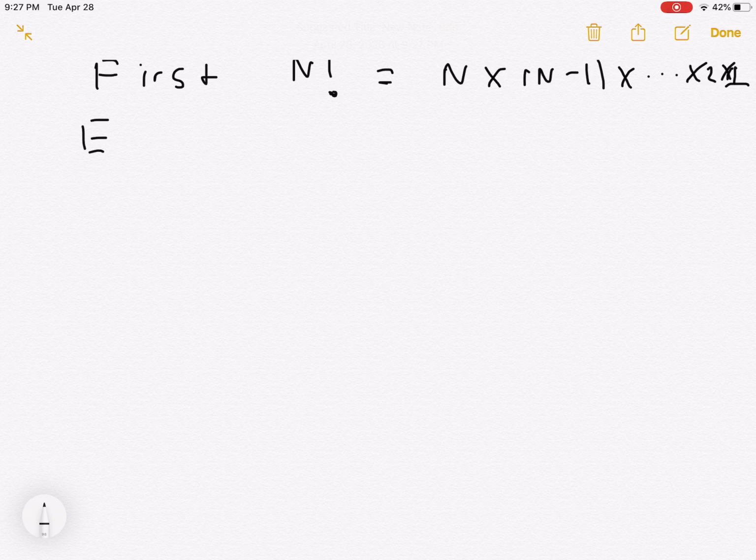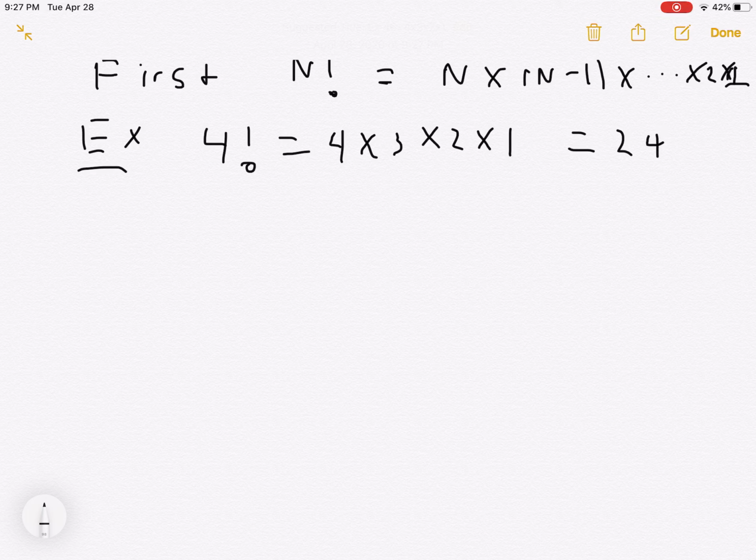So for example, if I was to do 4 factorial, that will be 4 times 3 times 2 times 1, and that's 24.